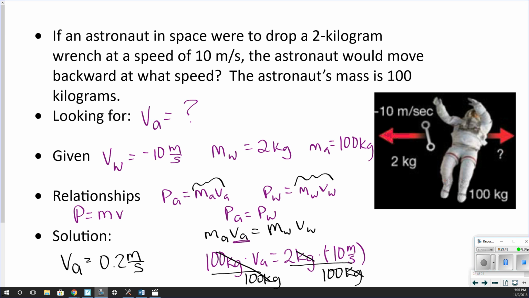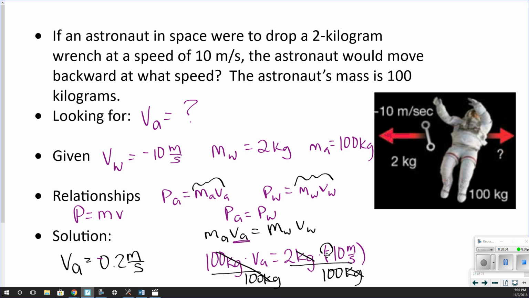One last thing, I hope you don't feel like I'm ignoring the negative sign for my negative 10 meters per second. Technically, I would get a negative 0.2 meters per second.